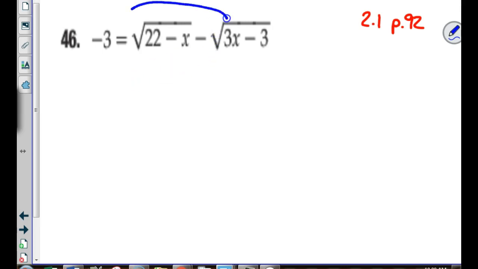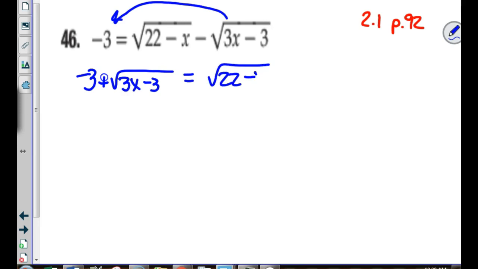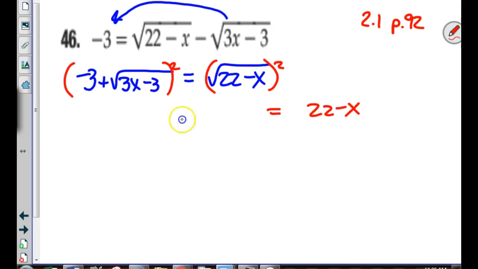We have to move one of these over here first because we can't do it with both. I'm going to add this one over there. Is that okay? All right. Then it's a hot mess because we need to square both sides. Okay, which one turns out nice? Yeah, this is 22 minus x.